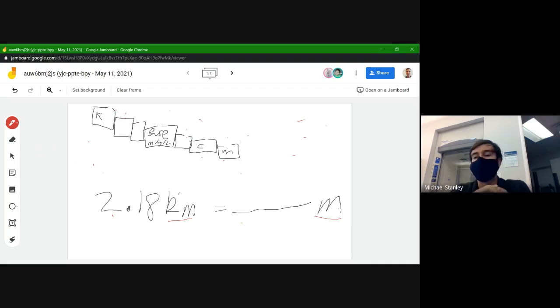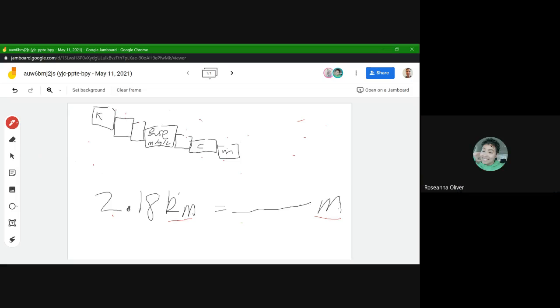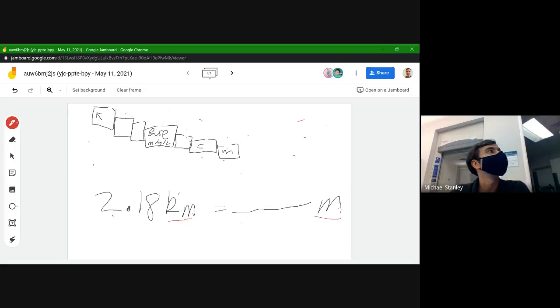Where are we going to start on the ladder? Kilo. What was that? K. Exactly. Rose's favorite box. K, because we have kilometers, and kilometers means we start up here at the kilo box, the K box.